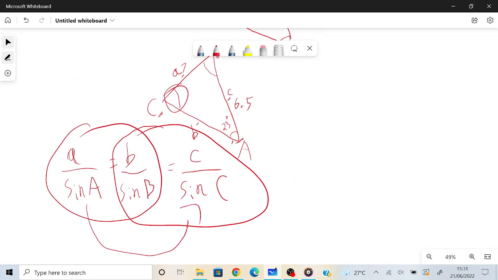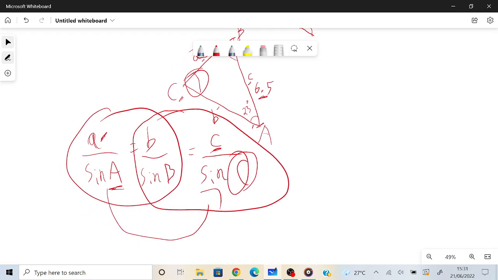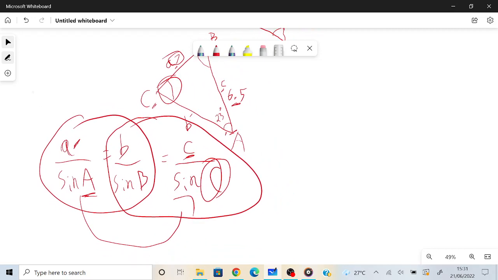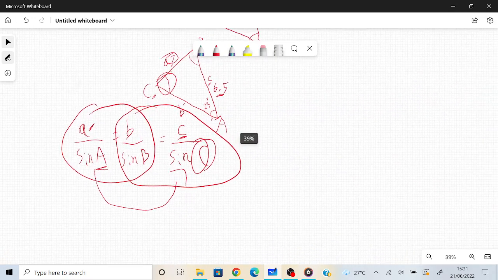In this case, we have our big A, that is the angle, sine 23, and the small a, that is the magnitude over here, to be 7. And since we're trying to find the big C, we also have its corresponding small c, which is 6.5. So putting that together, we would have something like this.